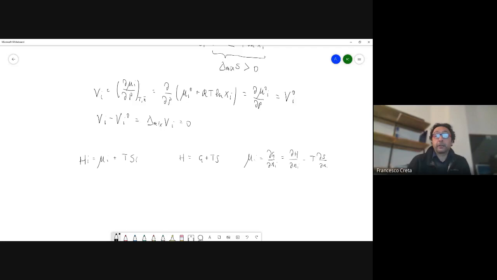And this is clearly Hi minus, well, I proved it. So what is this? Well, the chemical potential is mu i 0 plus a delta mix of mu i. And this would be T multiplying, again, Si 0 plus a delta mix of Si.